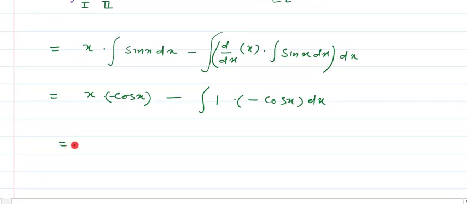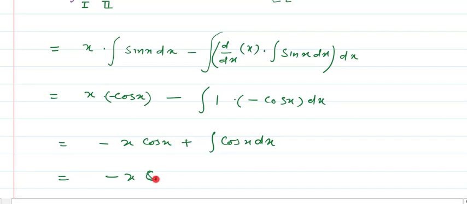Now just write minus x cos x, this will be plus sign, and you are left only with integral of cos x dx. And now you know very well the integration of cos x. Yes, it is simply sin x. So the answer is minus x cos x plus sin x plus c.